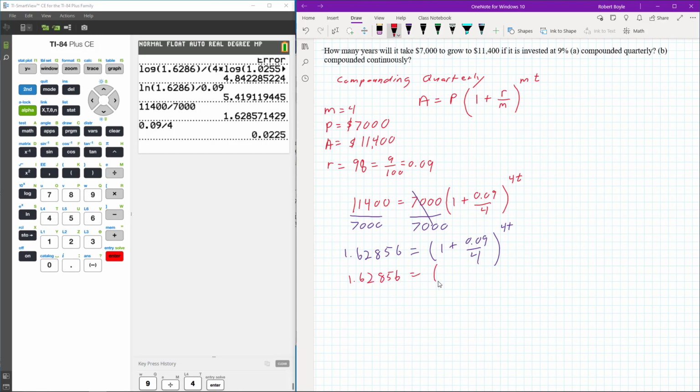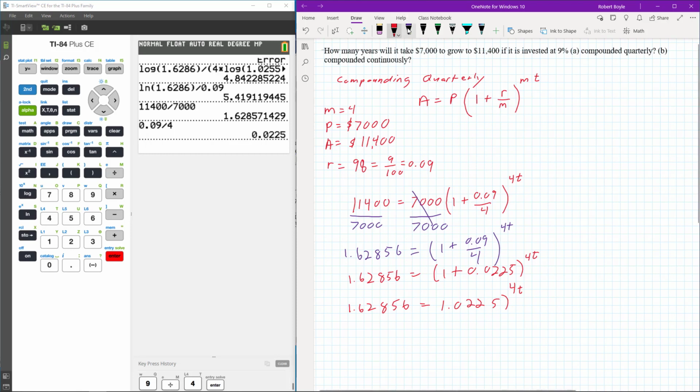So this will become 1.62856 is equal to 1 plus 0.0225 raised to the 4t power, and that will simplify to the following. We can combine these two together, and this will simplify to 1.62856 is equal to 1.0225 to the 4t power.